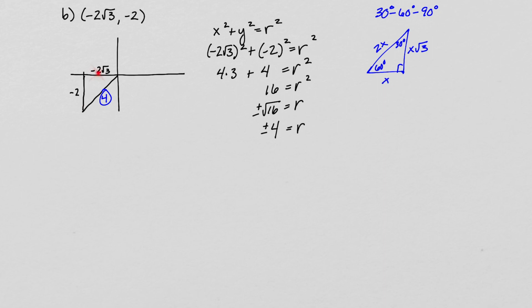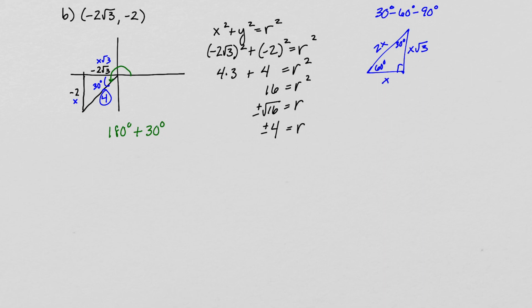So we have here 2 root 3, 2. So this side is my x side. This is my x root 3 side. So that means across from the x has to be the 30 degrees. Then the angle we're looking for starts at 0 and wraps all the way around. So it's going to be 180 degrees plus the 30 degrees.